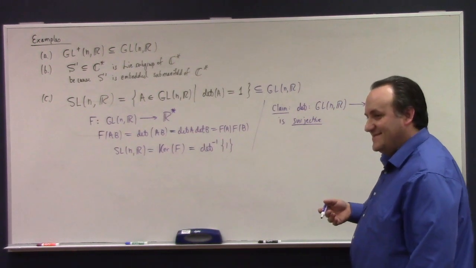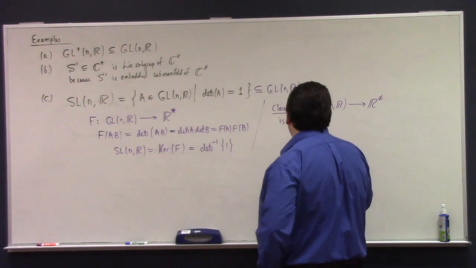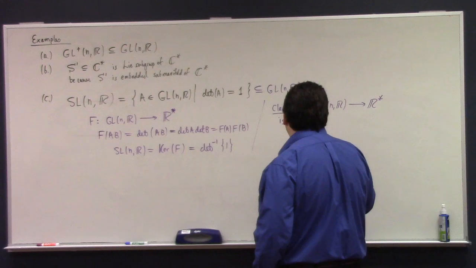On the one that if it's a smooth map, the rank is equal to the dimension.